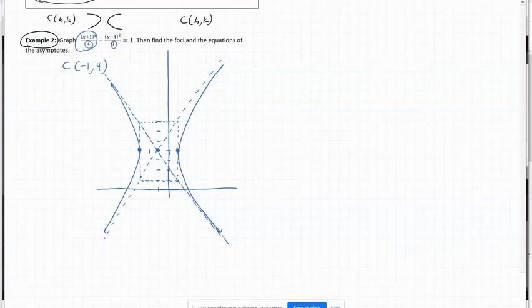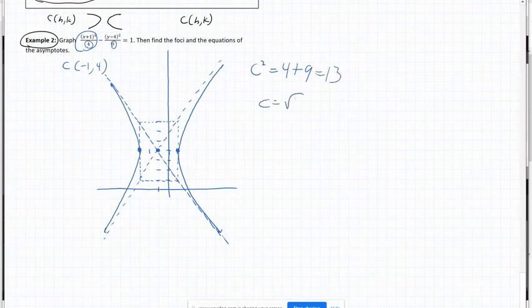Okay, and then c squared is equal to 4 plus 9, which is 13. So c is the square root of 13, and the square root of 13 is about 3.6. So from the center, I'm going to count out 1, 2, 3.6. That's about right there.